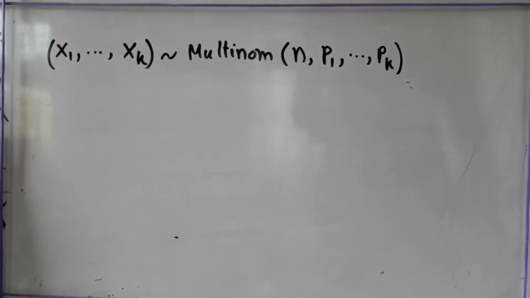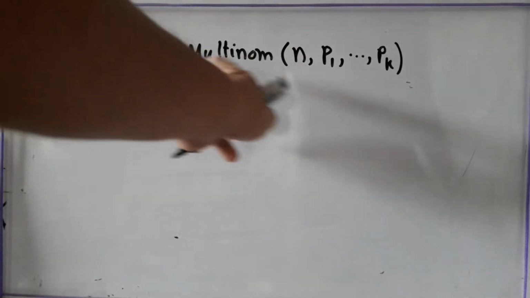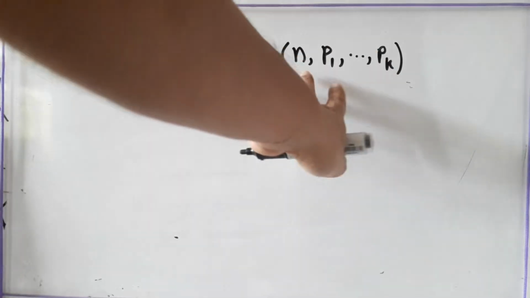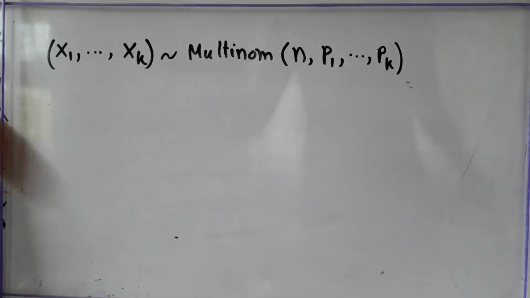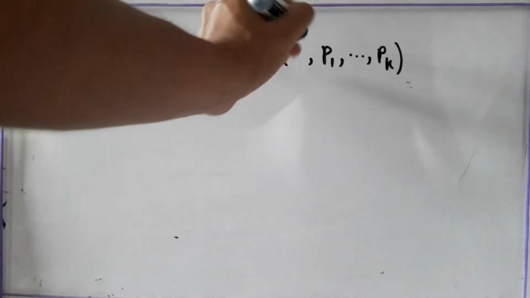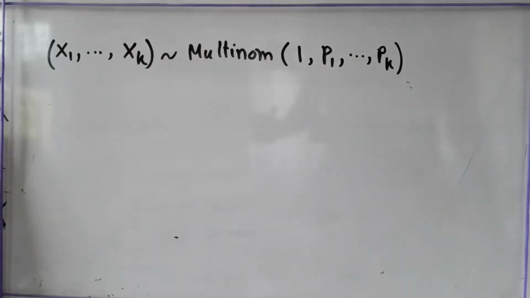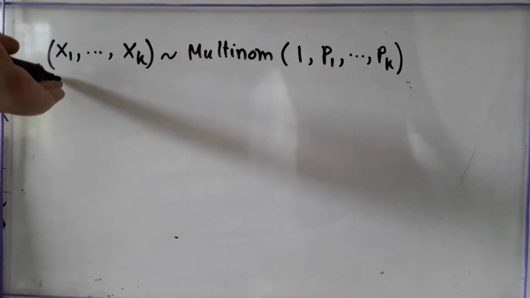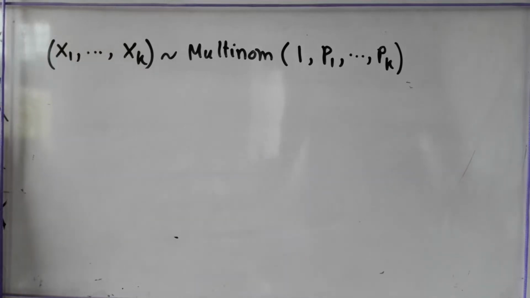Again, instead of using the PMF directly, we shall employ a little trick. The trick is the following. Let's consider these n rolls of our k-faced die separately. So suppose I take only one roll. In that case, exactly one of them is 1, all the others are zeros. Now I will consider another roll.